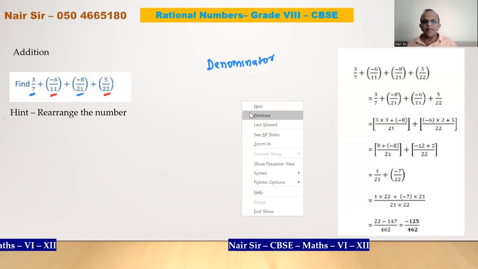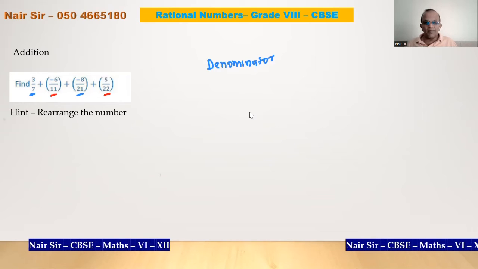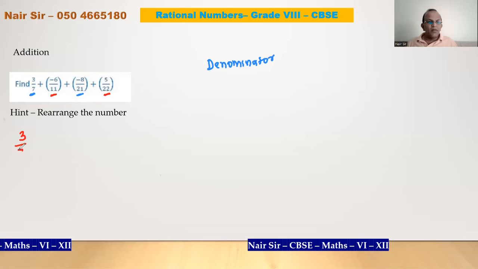One minute, I need to solve it. Okay, let's solve it. 3 upon 7 plus bracket minus 8 upon 21 plus bracket minus 6 upon 11 plus 5 upon 22.